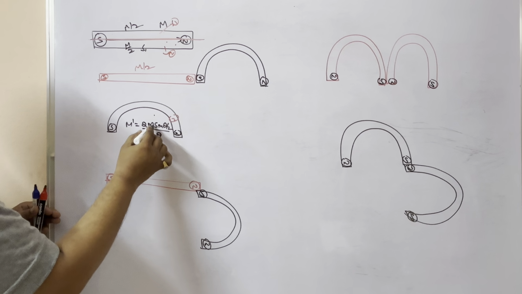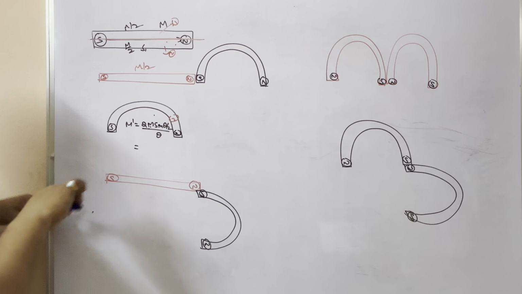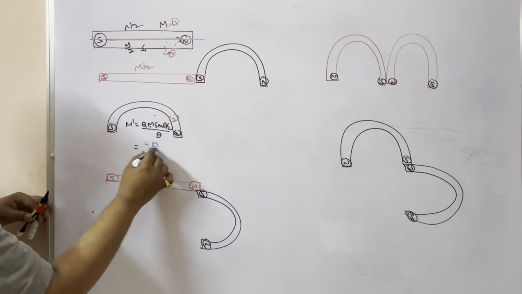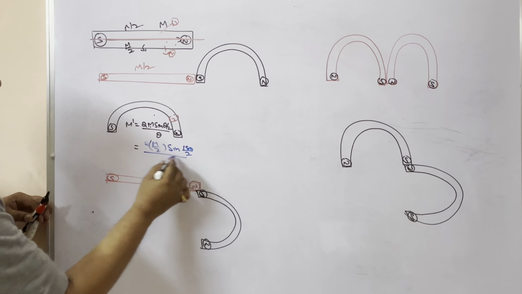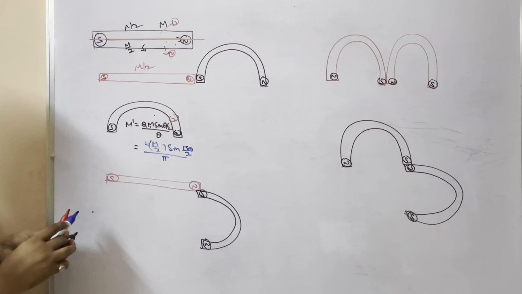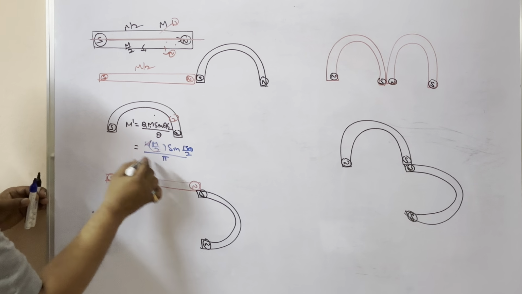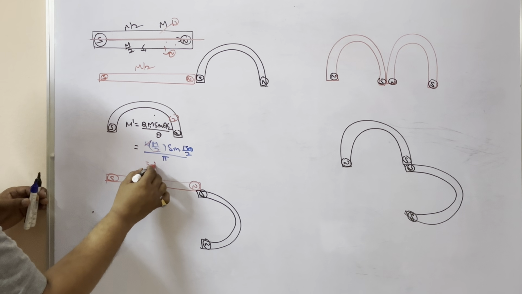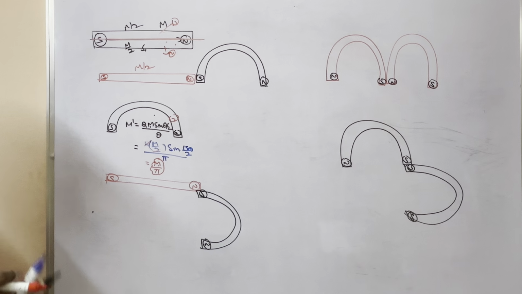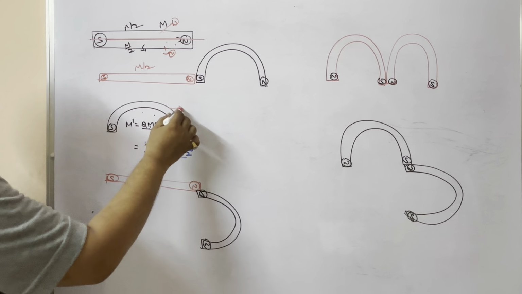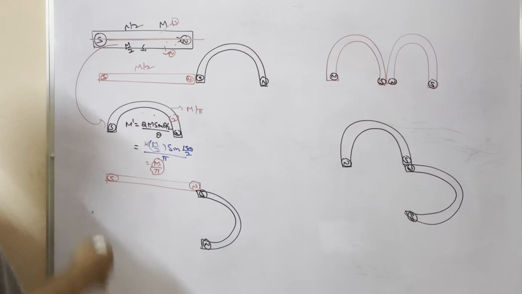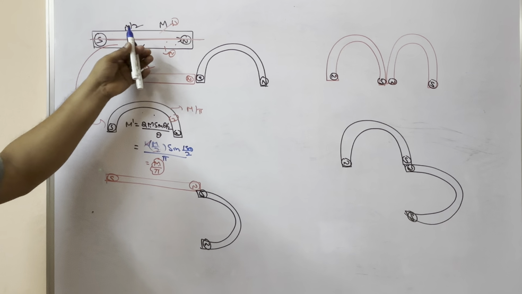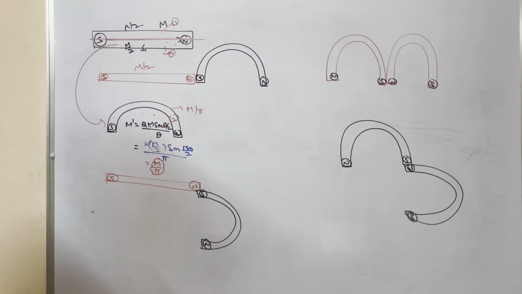But they bend it, therefore in place of m we have to write m by 2. Therefore 2 times m by 2 sine 180 by 2 divided by pi. So 2 will be cancelled. Sine 90 is 1. Therefore m by pi. Correct? So m by pi is the magnetic moment of this semicircular arc shape, which is the second part of the original magnet that we have cut, isn't it?